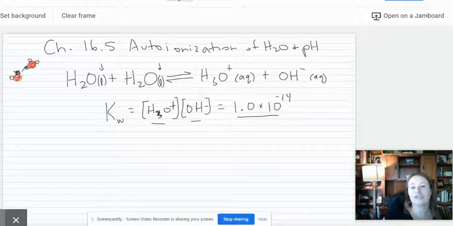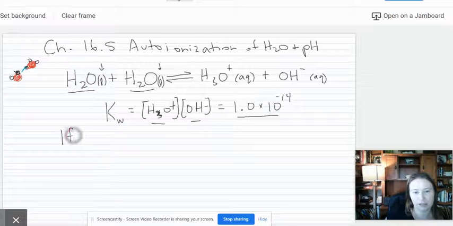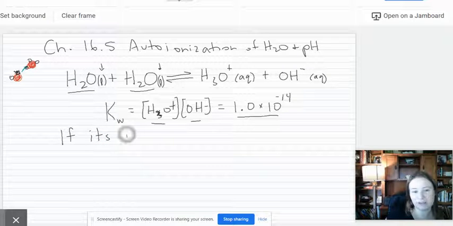If these two things are equal, which they are in pure water, you have a 1 to 1 mole ratio. So to find the concentration of these, if it's neutral, that means you haven't added anything else.